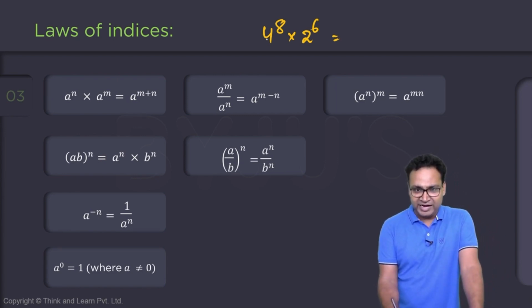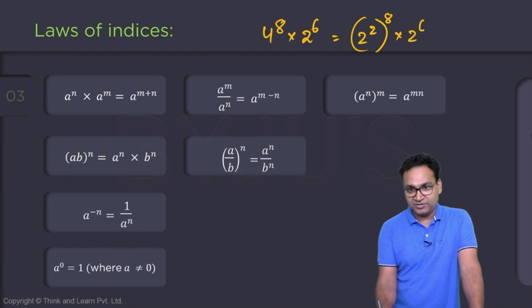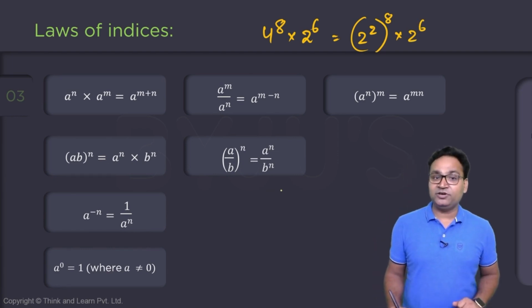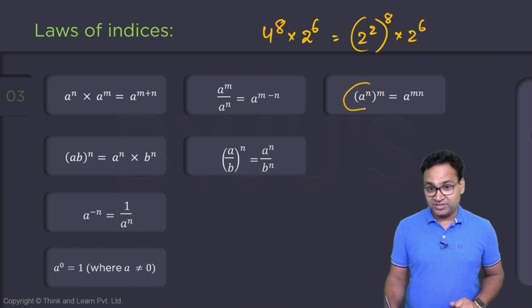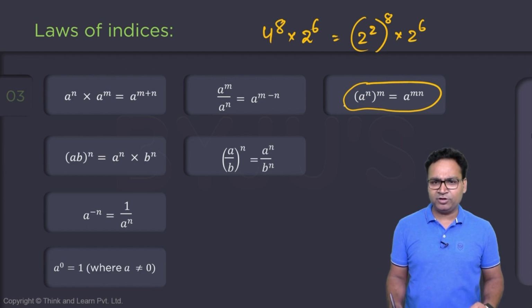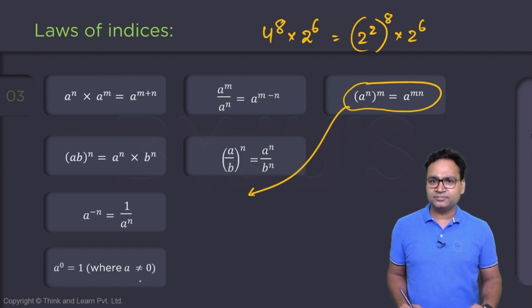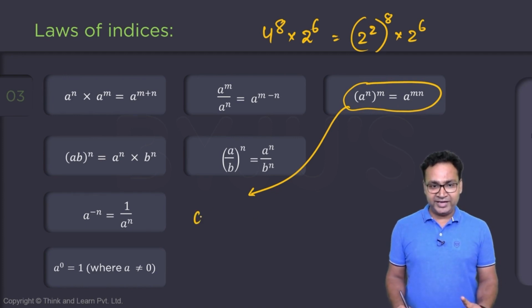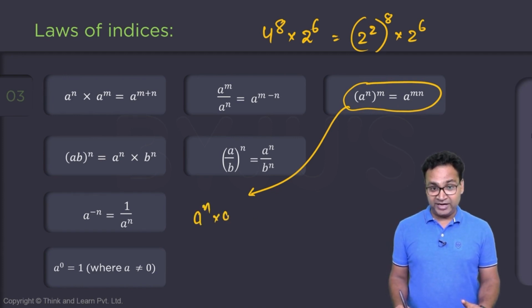So if I write this 4 as 2 power 2, this is whole power 8, into 2 power 6. Here comes the importance of another property, which is this one: a power n, whole power m. What is the meaning of this? Anyone knows? The meaning is very simple: it is a power n multiplied m number of times.